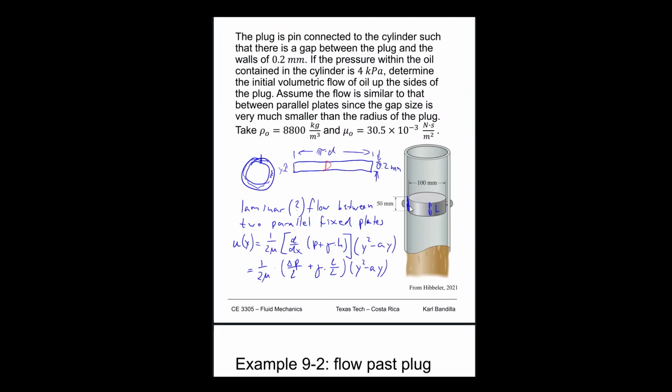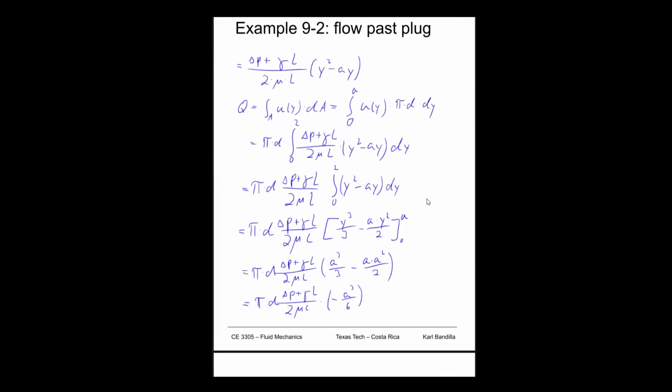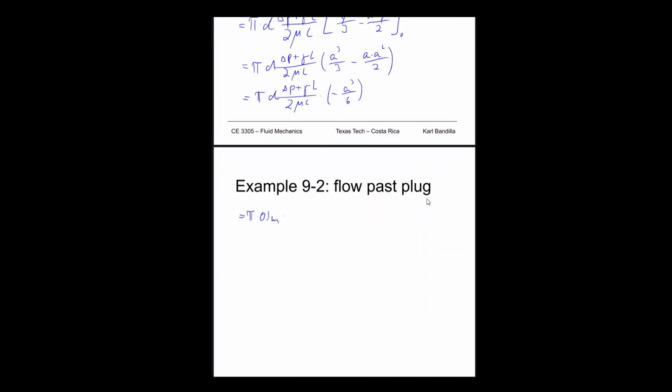Well, at the bottom of the plug it says it's 4 kilopascals, and of course on the top it's going to be at the atmosphere, so 0. So we go from 4 to 0, so that means we get negative 4 times 10 to the 3 Newton per meter squared.